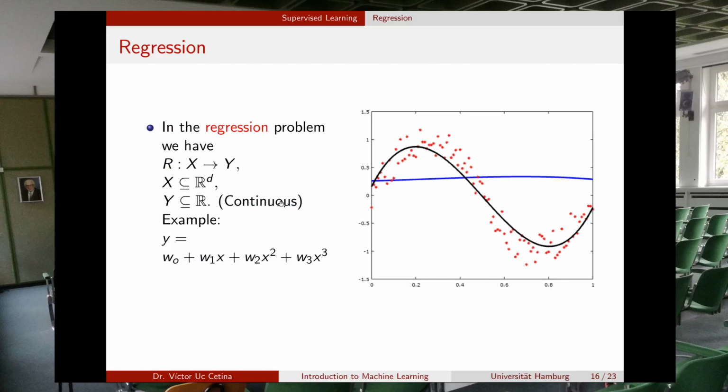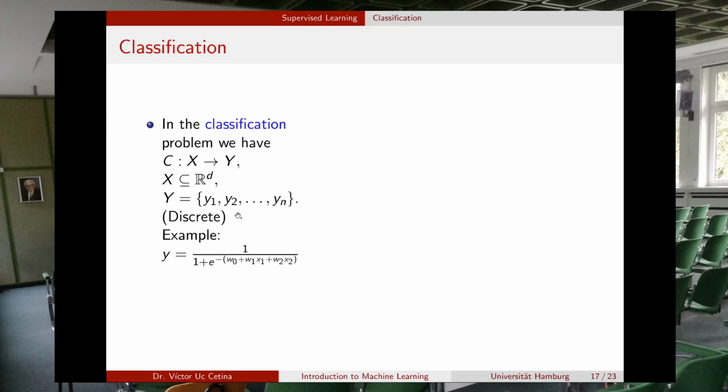In the next problem, which is classification, you will see that the definition is very similar. The only difference is here, because then we are not talking anymore about continuous values. We will be talking about discrete values. So in classification, we also have a function that we need to estimate. It's a mapping from x to y.